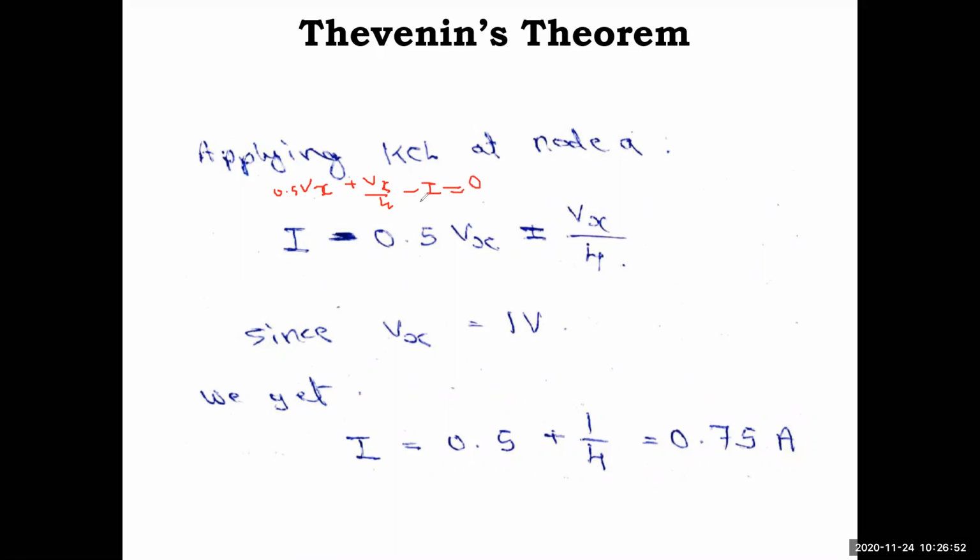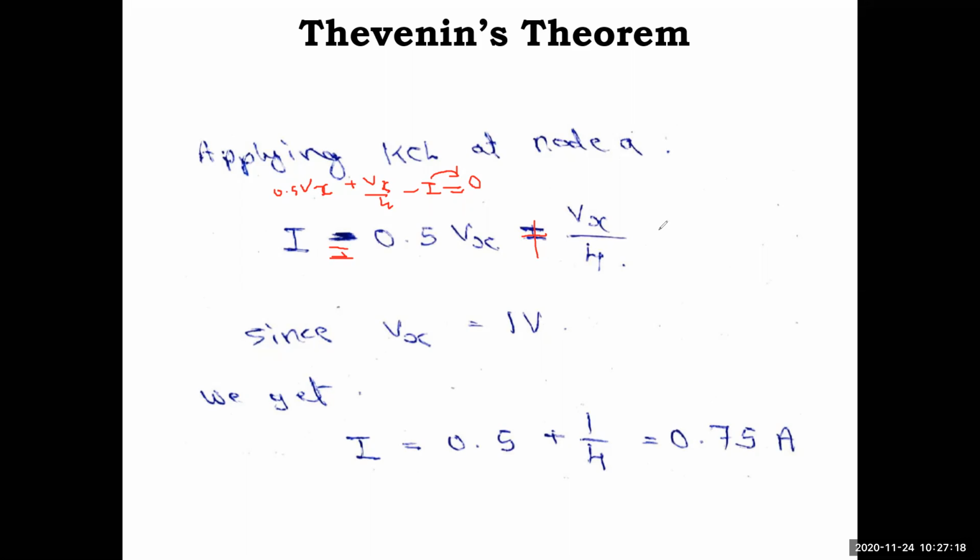Because I know the value, I will just take I to the right side and rearrange. So I is equal to 0.5 Vx plus Vx by 4.